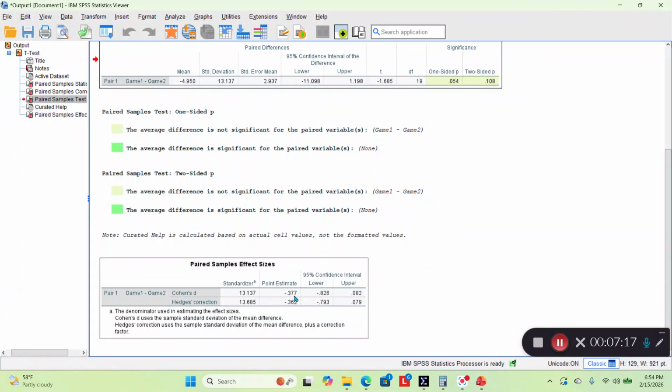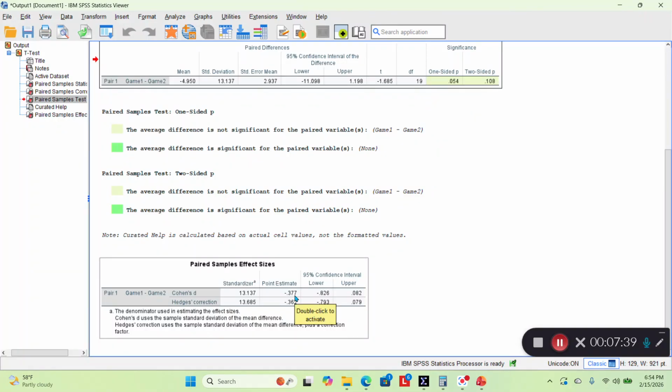All right, so small is 0.2. A medium for Cohen's D is a 0.5, and then anything over 0.8 is a large category. So 0.377 is going to be small to moderate in terms of that scaled score.